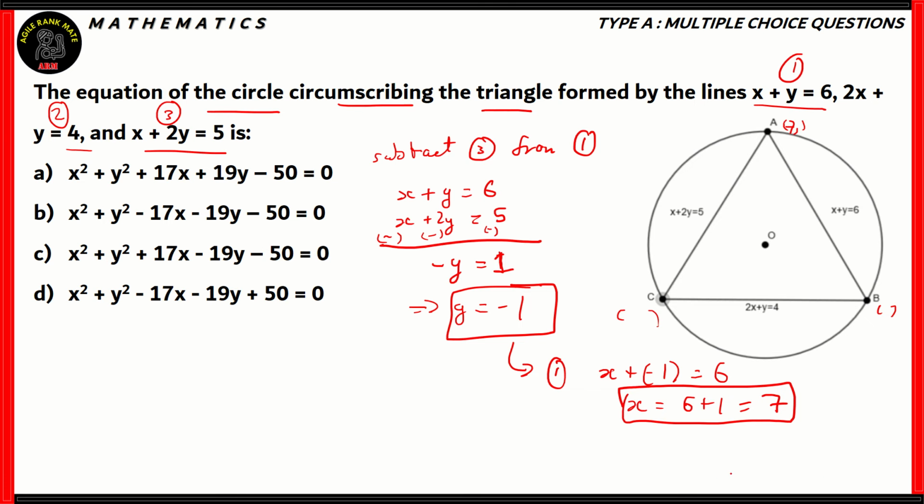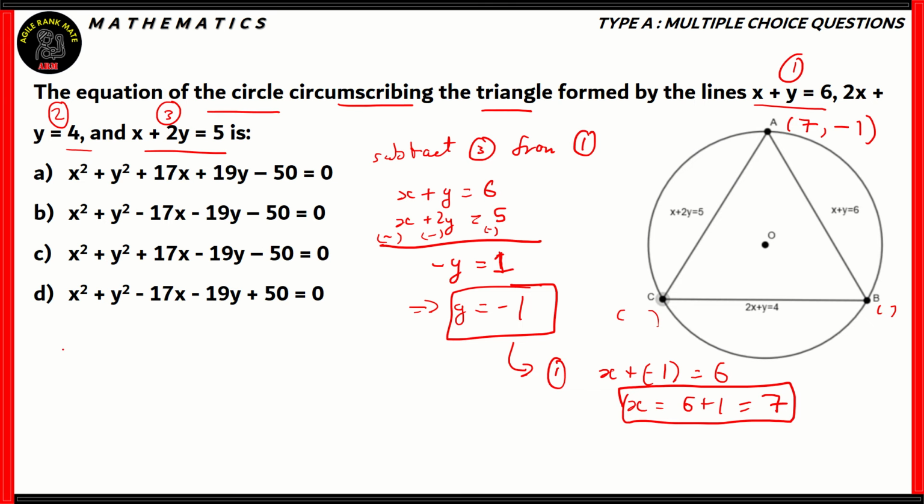Let me just find a way to erase the bracket. And so now that I've erased it, let's go back with the pen and write the coordinates. So the point A has the coordinates 7, comma minus 1.